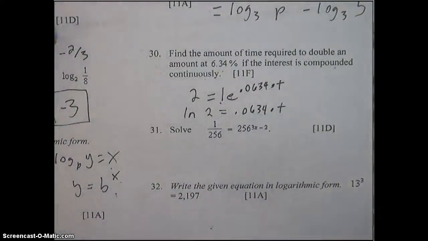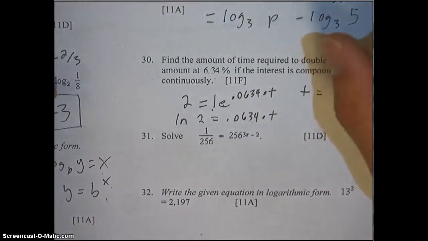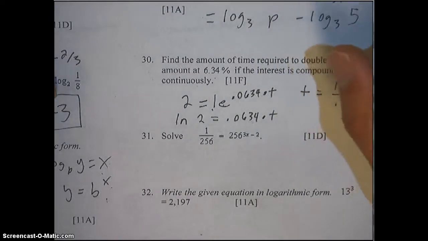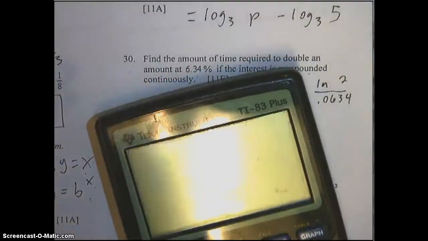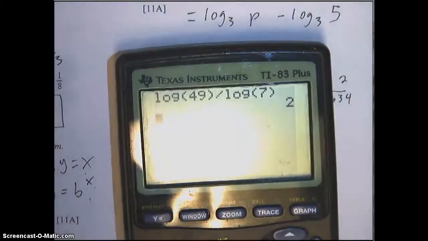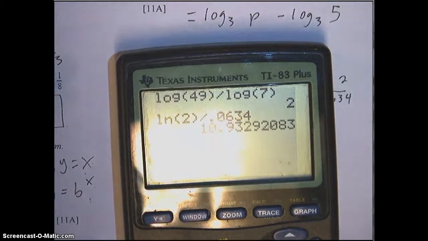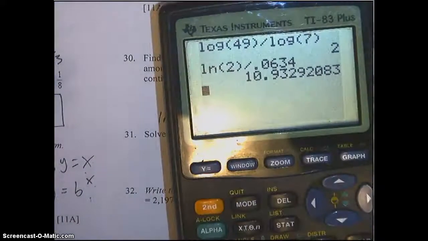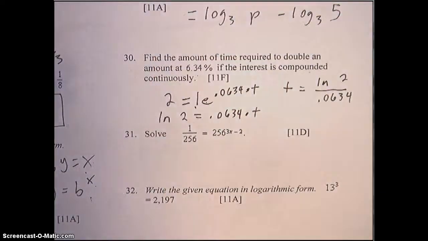So to get the t by itself, we are going to do the natural log of 2 divided by 0.0634, and from here that's calculator work. And you get 10.93 years, so you can round that how you like, 10.933 years.